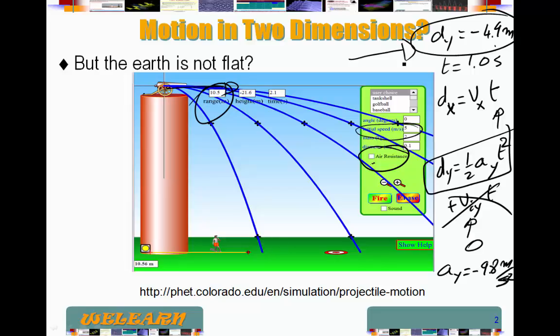The issue is the ability to find a range where, when my projectile falls for 1 second, it's going to reach ground. That's very difficult to acquire.